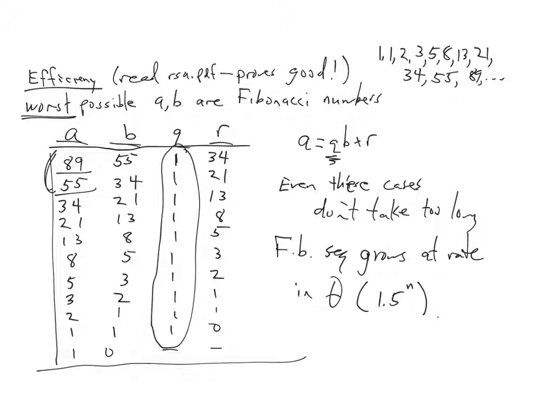Notice if you've got the Fibonacci numbers f sub n and f sub n minus 1, it sort of takes n steps. So the number is 1.5 to the n, so the log of that is proportional to n. So for example here, this was the 0, 1, 2, 3, 4, 5, 6, 7, 8, 9, 10. So this was f sub 10 and f sub 9.